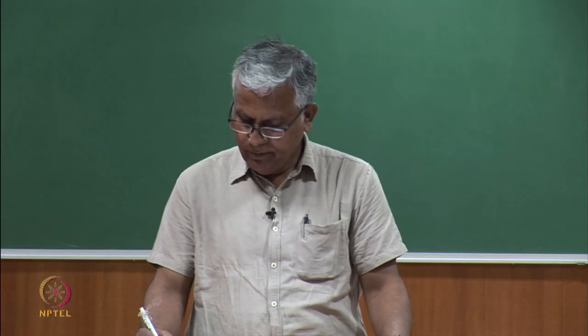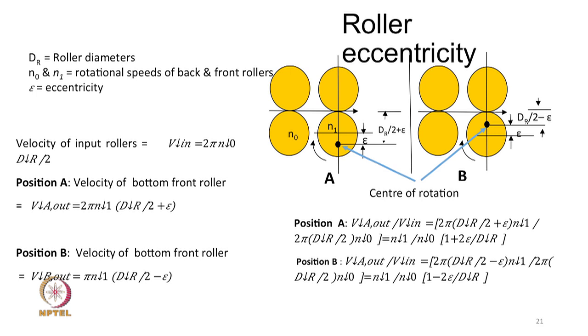Whenever for any roller its geometrical center and the axis of rotation are not the same, then we say it is an eccentric roller. Like in this diagram, the black dot is indicating the axis of rotation, whereas its geometrical axis is here at the center of the roller. So, they are not matching, and hence we say this roller is eccentric in nature.